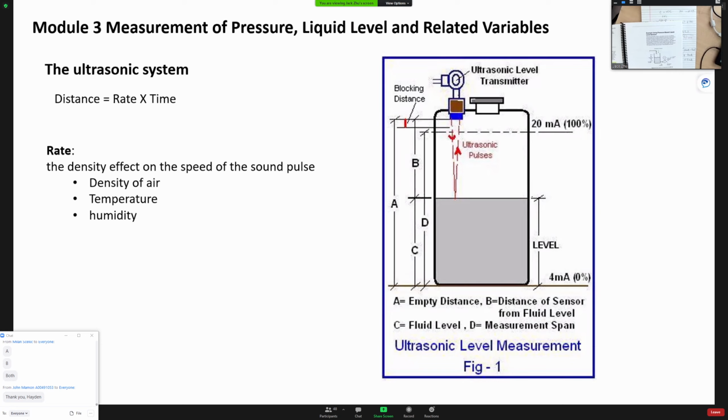That's also good to know for how the ultrasonic sensor works.